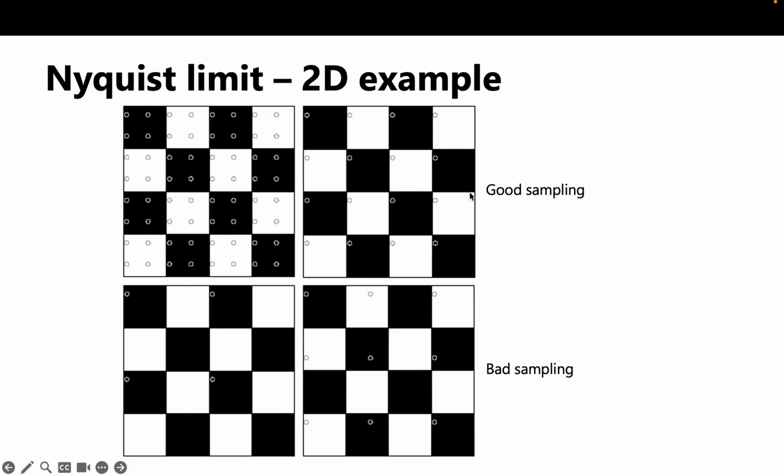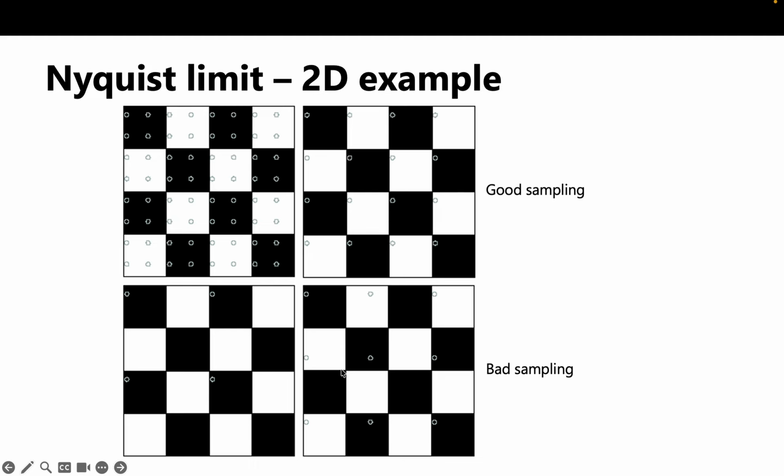So when we're referring to this top row, this is what we call good sampling, because on every black and white pixel we have a sample, and when we want to generate a new image, we will have a very good result.